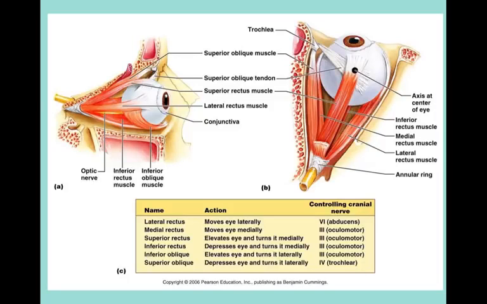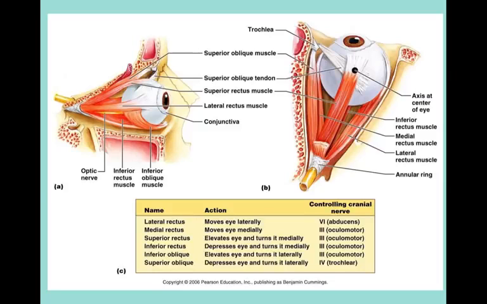Your inferior rectus depresses your eye. In addition, the superior rectus and inferior rectus do have a role in turning the eye medially, but the medial rectus is really what is responsible for turning the eye medially.